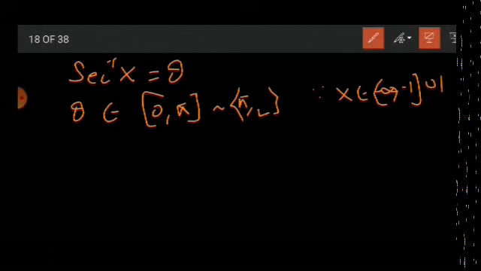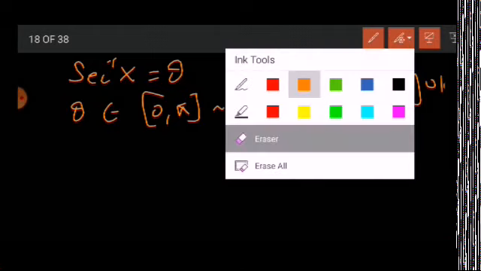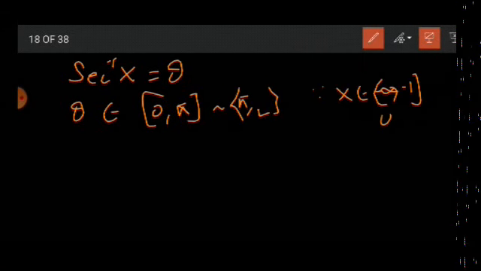The reason is that x belongs to minus infinity to minus 1, union 1 to infinity. Okay, fine.